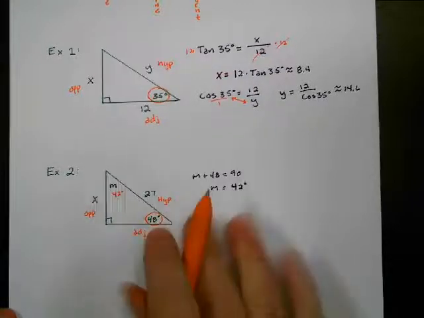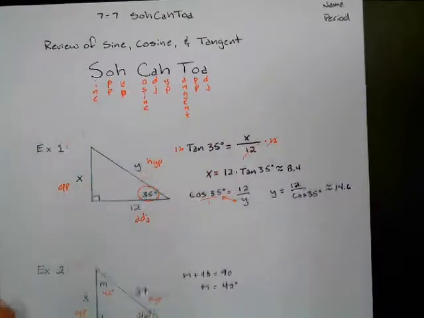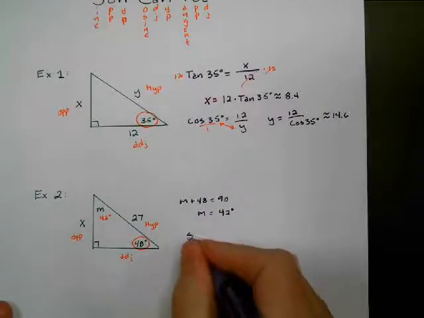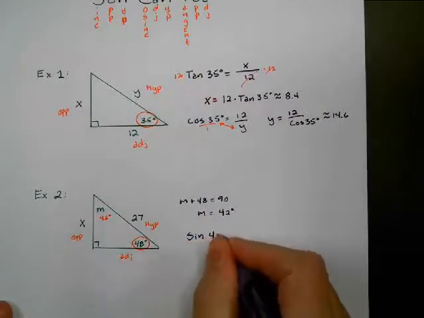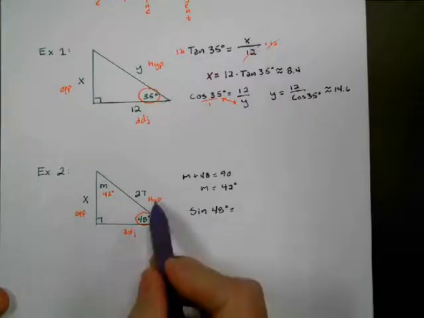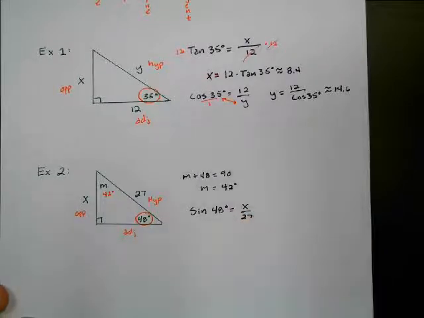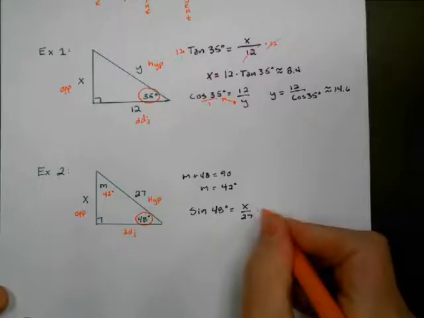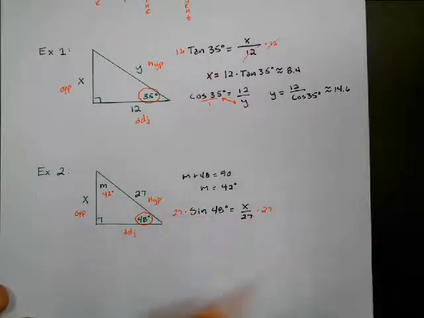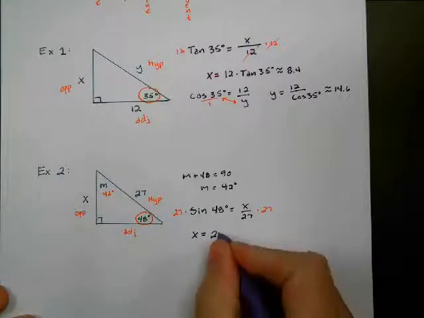Sine is opposite over hypotenuse. So I can write that the sine of 48 is equal to opposite over hypotenuse, so x over 27. I can just multiply both sides by 27, and I end up with x is equal to 27 times the sine of 48.